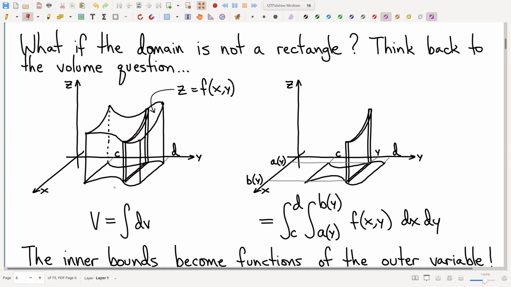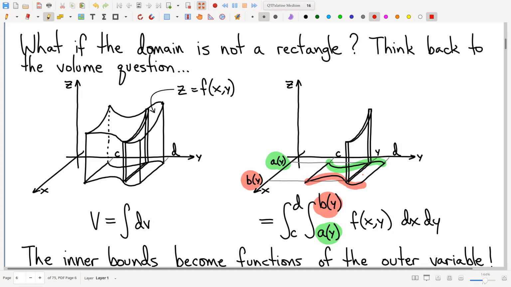And then we noticed that really the only difference is that this lower bound is going to come from now a curve instead of a line, and so the lower bound is a function, in this case a function of y. And then likewise the upper bound, what's that upper bound going to be? Well, it's going to come from this curve, and it's going to be a function of y, right? Otherwise, everything is pretty much the same, right?